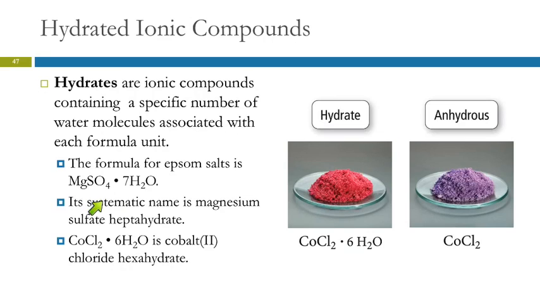SO4 is sulfate. This dot is not a multiplication sign. You can't multiply molecules or ions or anything. It just says they are together, and then the 7 tells us there's 7 water molecules for every one of these. So to name this part, we'll use a numerical prefix, hepta, heptahydrate, meaning 7 water.